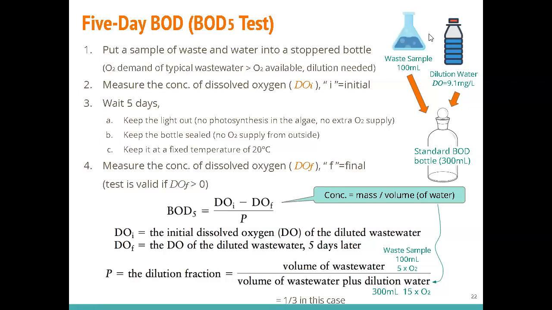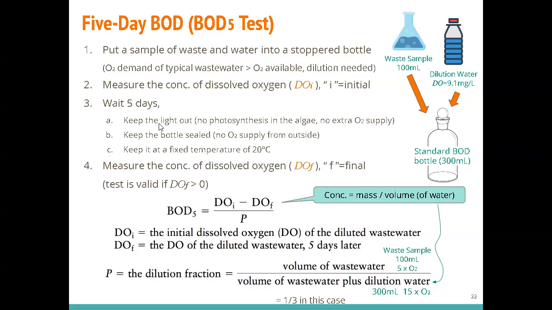So now you have the two things in here, water sample and dilution water. Put that into your standard BOD bottle, 300 milliliter. Measure the concentration of dissolved oxygen initially. So at the beginning, you do a measurement, which is the DOI, initial dissolved oxygen, and then wait for 5 days.